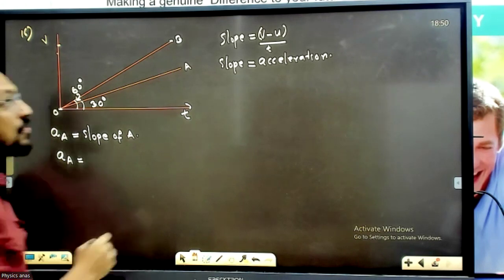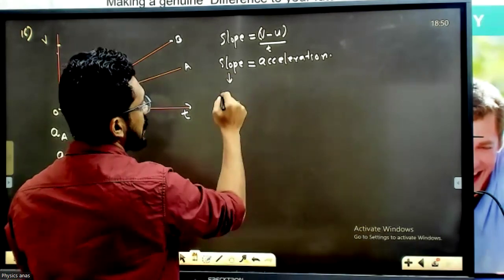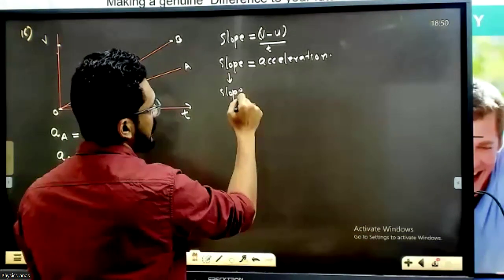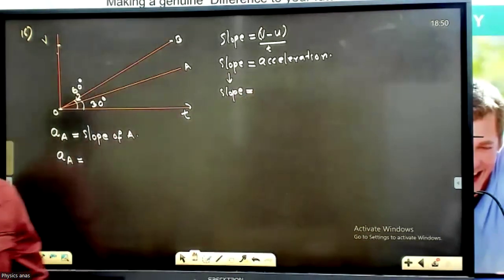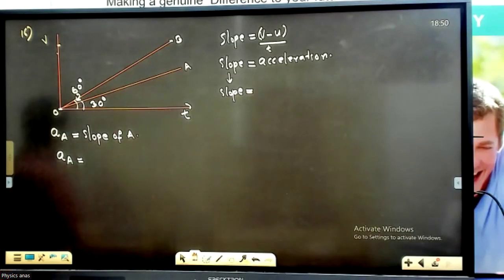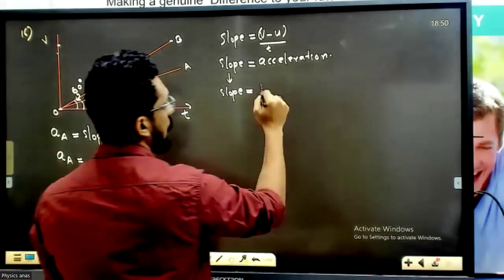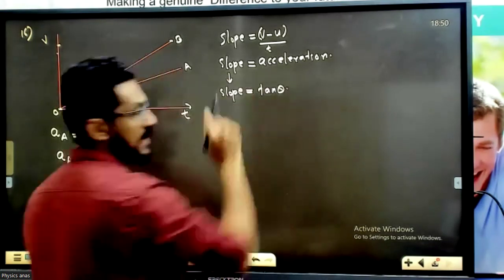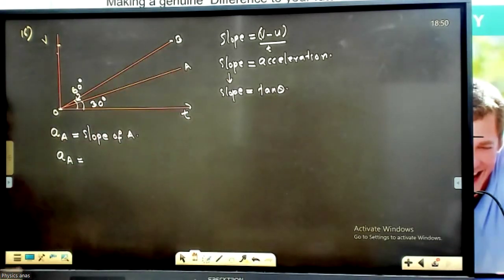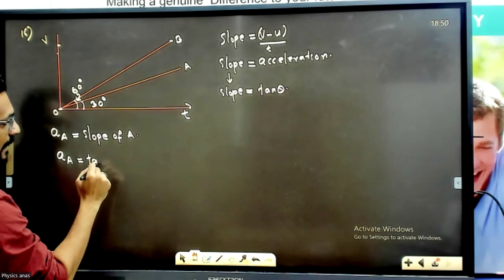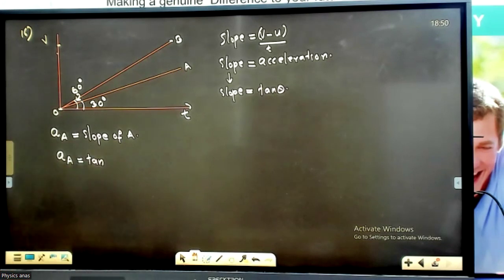How can you find the slope? Slope has another equation: slope is tan theta. So I am writing tan. What is theta for A?